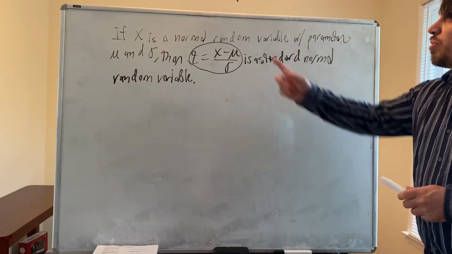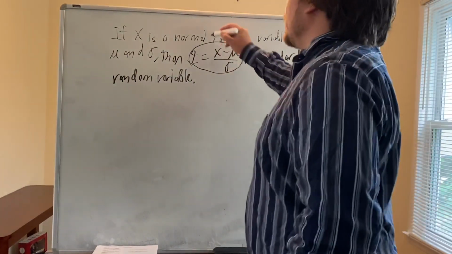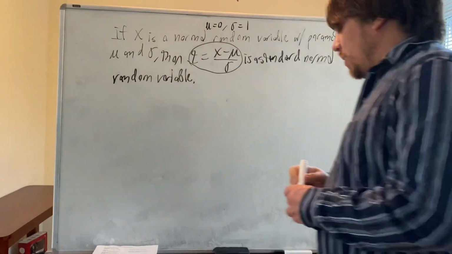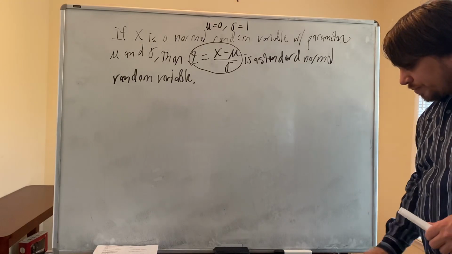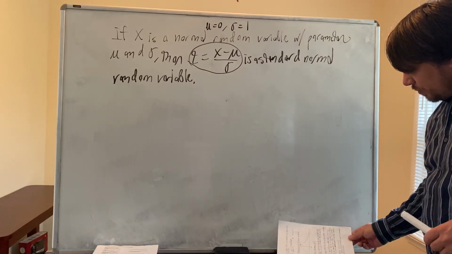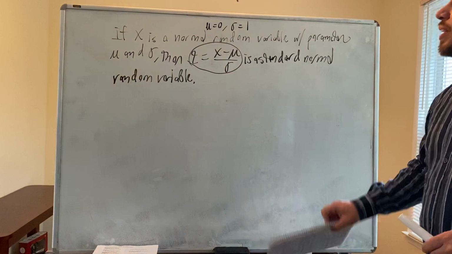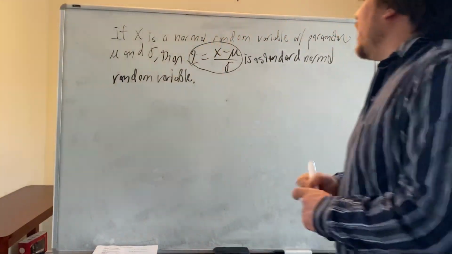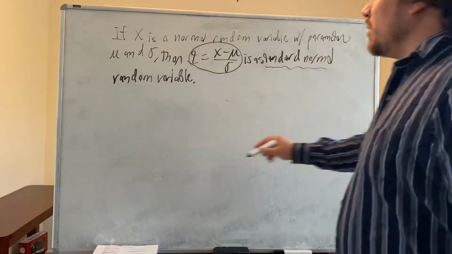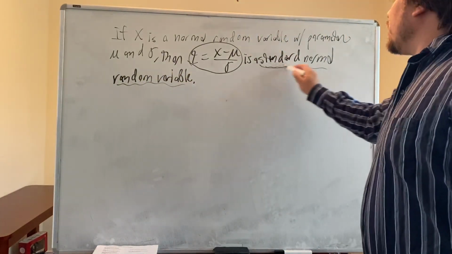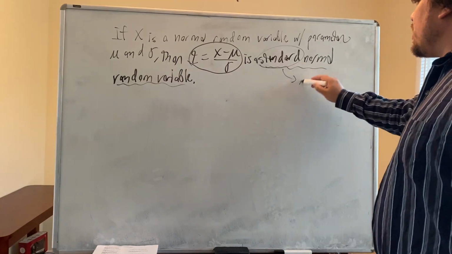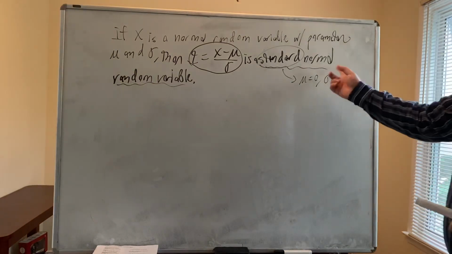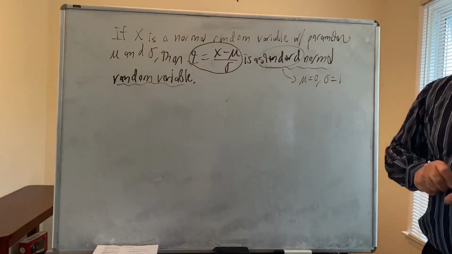So a standard normal random variable, the word standard there says that mu is 0 and sigma is 1.